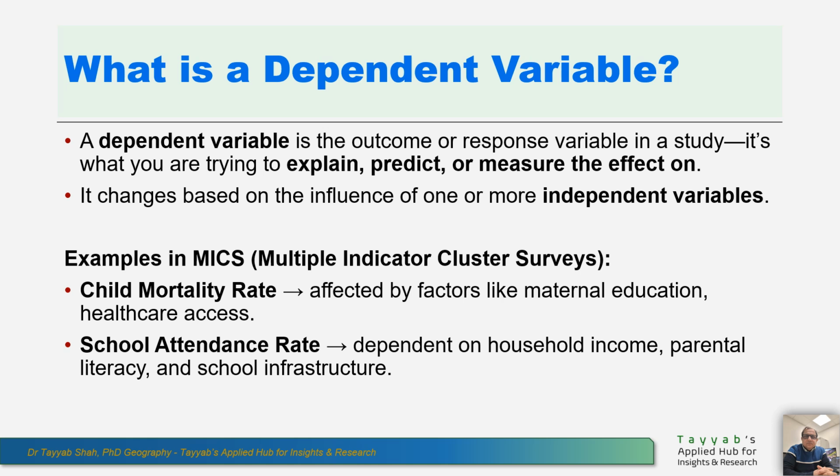There's child mortality rate, an example of your dependent variable, and there are a number of independent variables you can choose, for example, maternal education and health care access. And in the case of school attendance rate, that dependent variable could depend on household income, parental literacy, and school infrastructure.